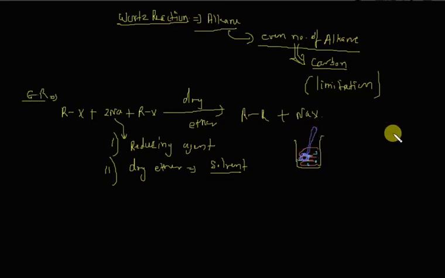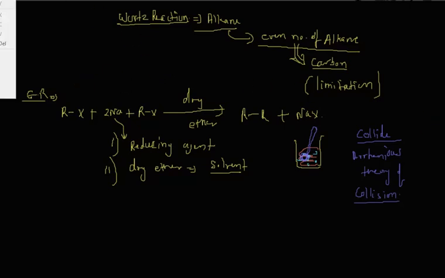Now the molecules collide among themselves, and due to this collision the reaction takes place. In another video I'll explain the Arrhenius theory of collision, which is very essential for a reaction to take place. This theory explains the mechanism behind the reaction. Now let's talk about the mechanism.